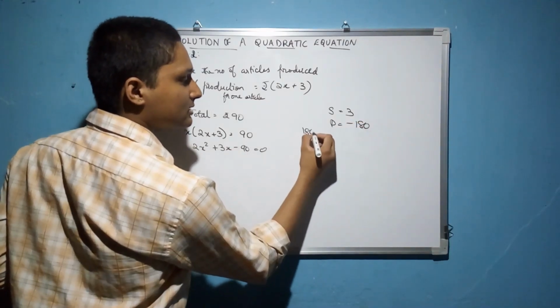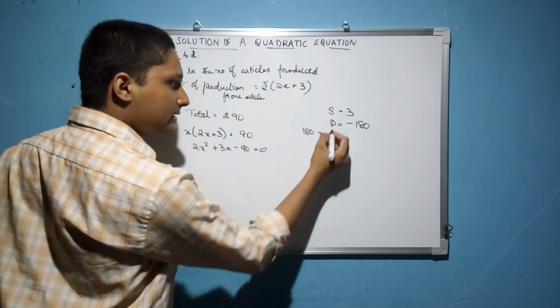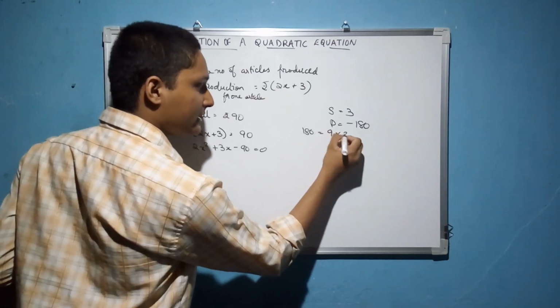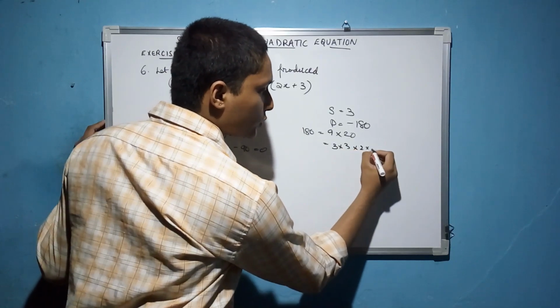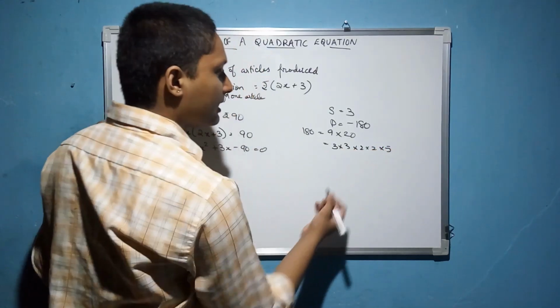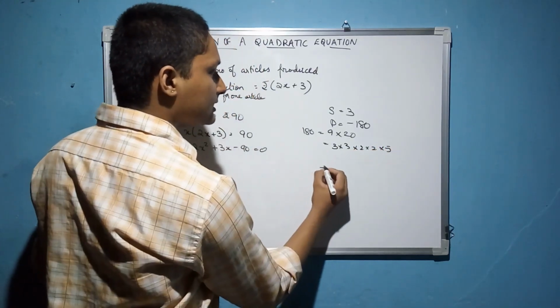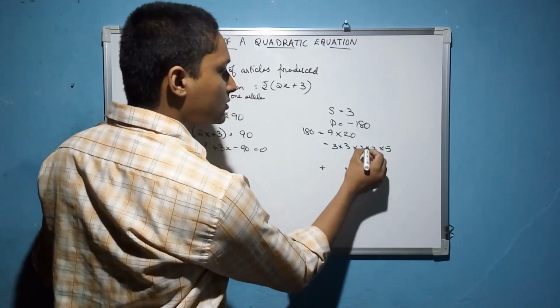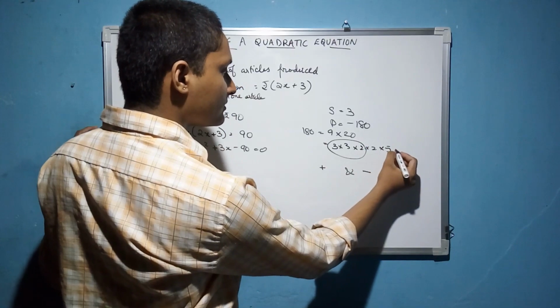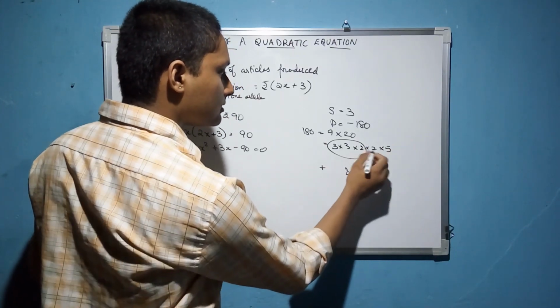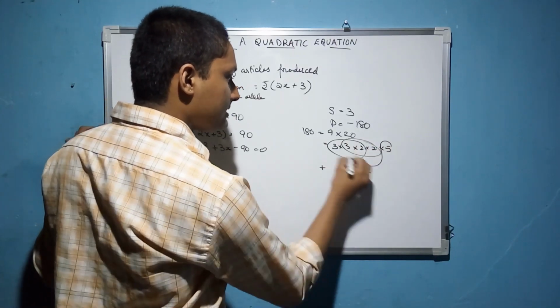Prime factorization of 180 tells me that it is going to be 9 into 20. So if I write the prime factorization, it is going to be 3 into 3 into 2 into 2 into 5. We need two numbers, one positive and one negative. Maybe I'll take 12, or yeah, this forms 12, right? And this forms 15.